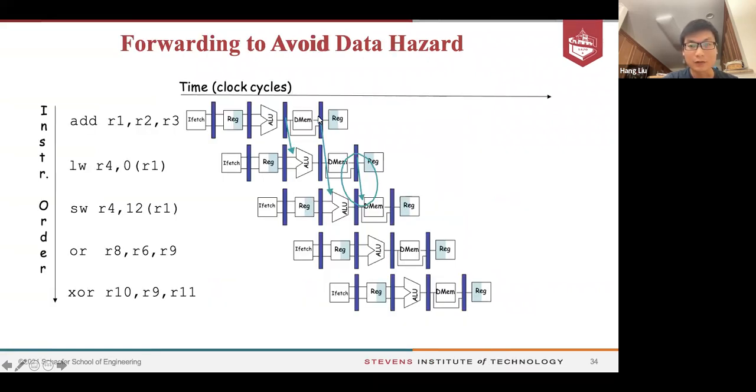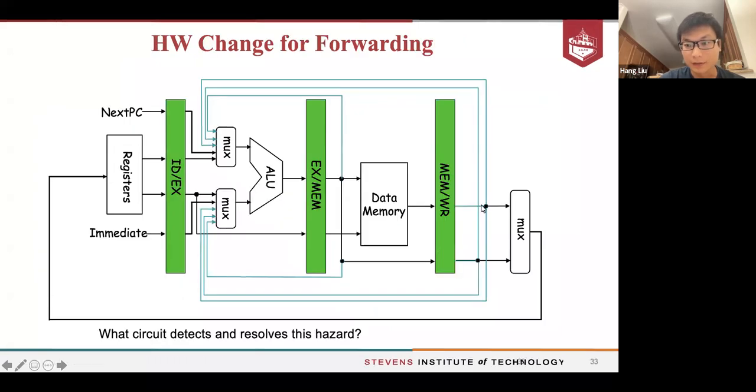And then this arrow from the end of memory is here, going back to the beginning of instruction decoding, right?